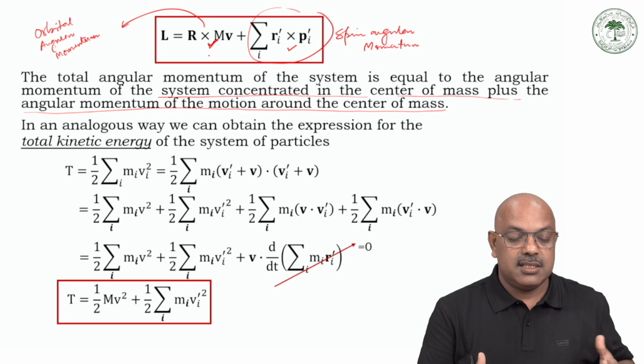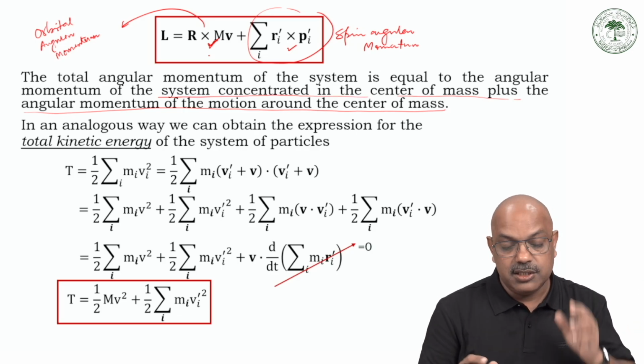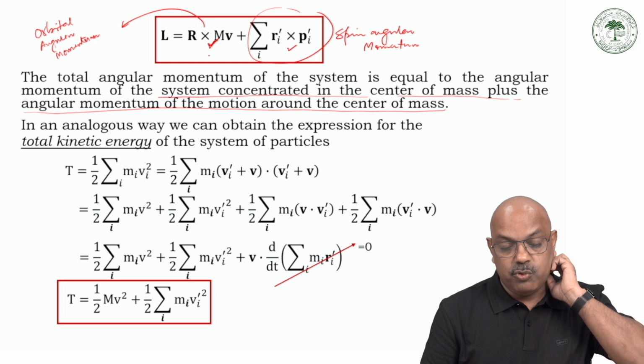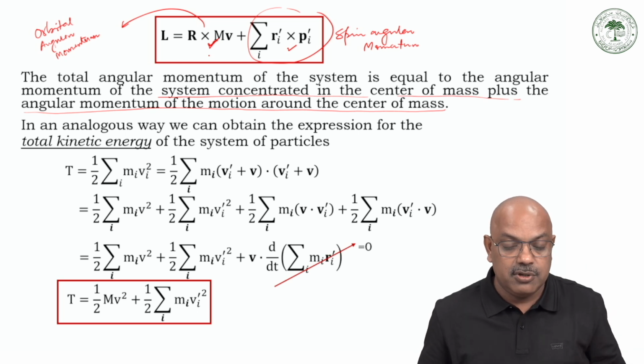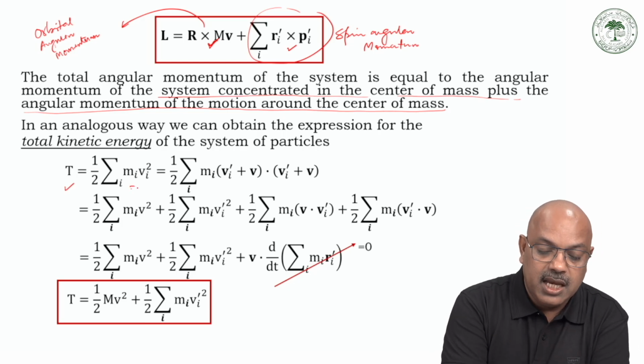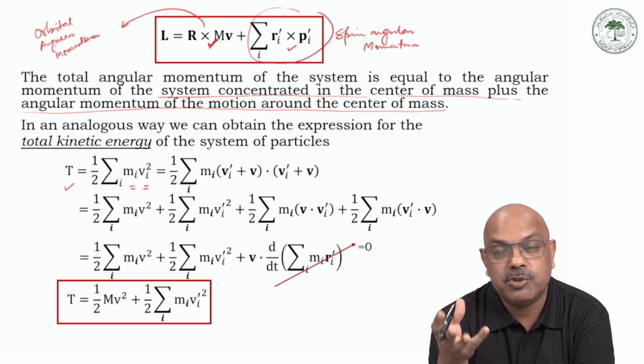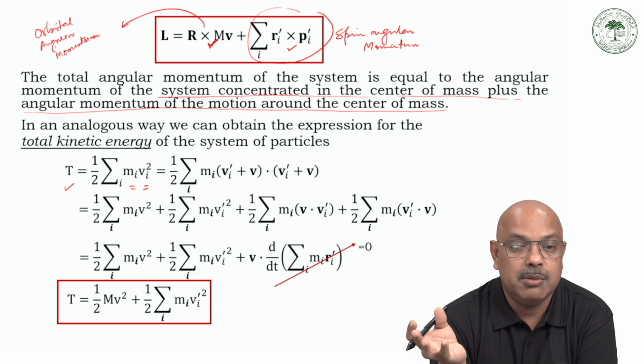So as we calculated the kinetic energy part in the translational motion for the single particle, if you look into this system, T is the sum over mi times vi square, because vi corresponds to the position vectors of the individual constituent particles.